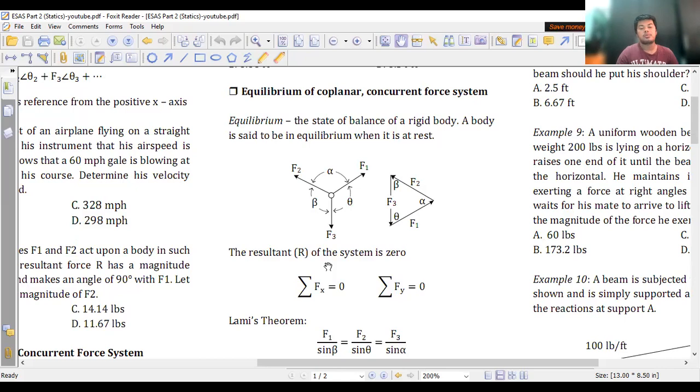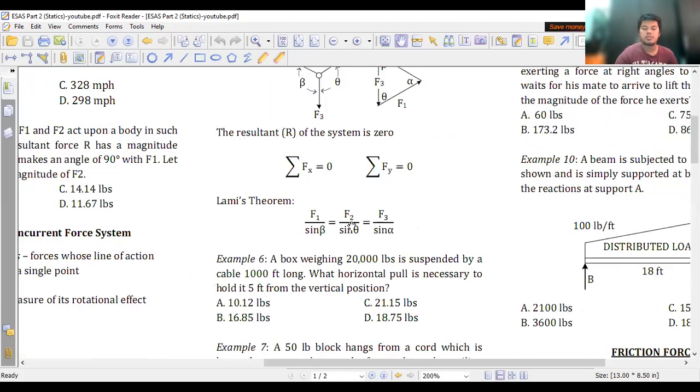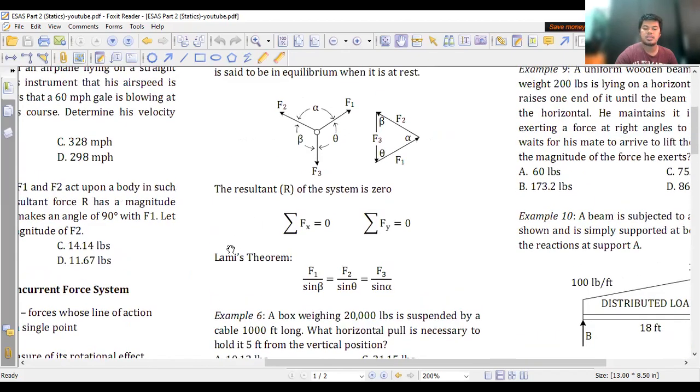For concurrent force systems, we can make use of this well-known theorem, Lami's theorem, given by this equation: F1 over sine beta plus F2 over sine theta, F3 is equal to sine of alpha.